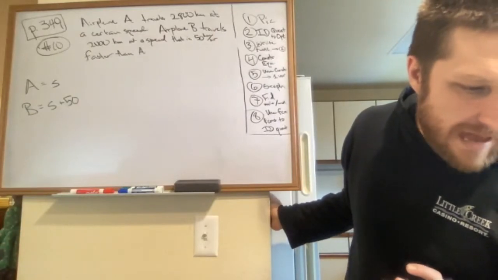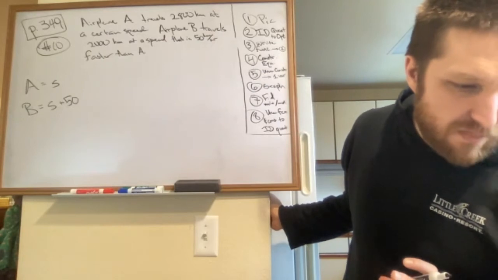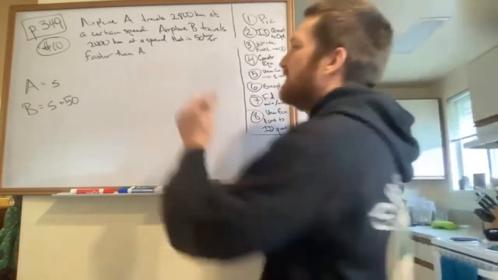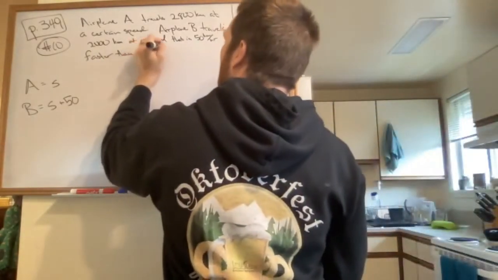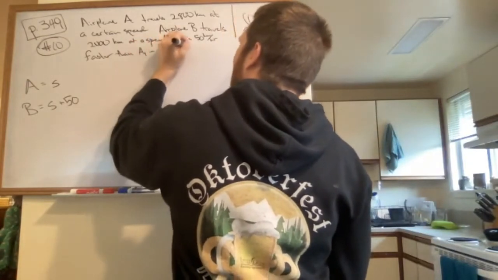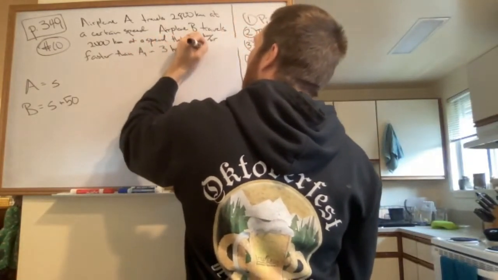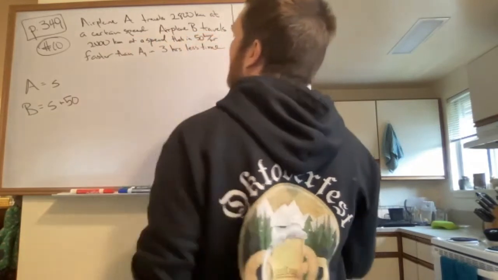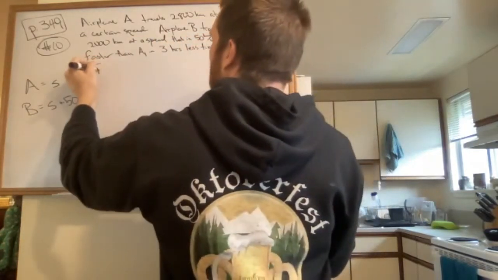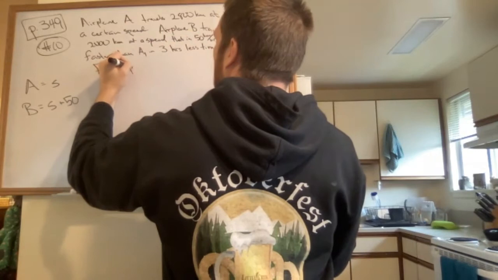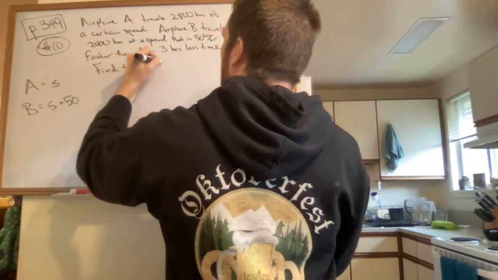It says B travels in 3 hours less time. Find the speeds of each.